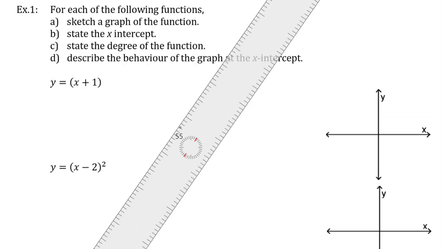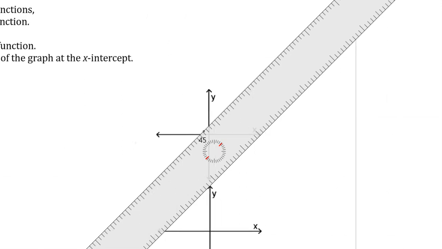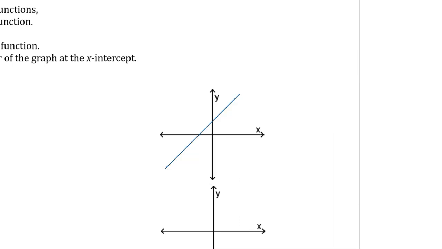Okay, so I'm going to graph this. I'm going to use my ruler. If you don't have a ruler handy, you can probably get away without it, but a ruler is something you're going to want to have throughout the course. And there you go, and I'm going to label the y-intercept just because that's a good thing. And the x-intercept was one of the requirements, but basically when we're sketching, we always label the intercepts as long as we know them.